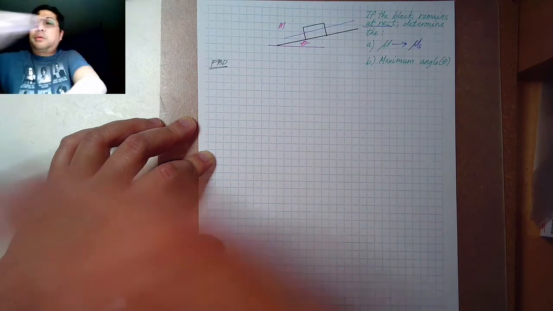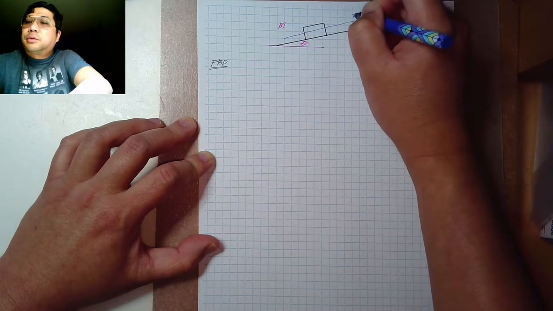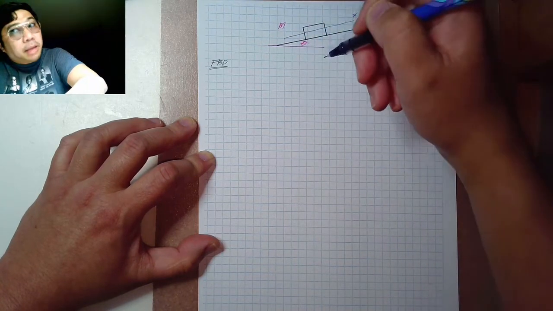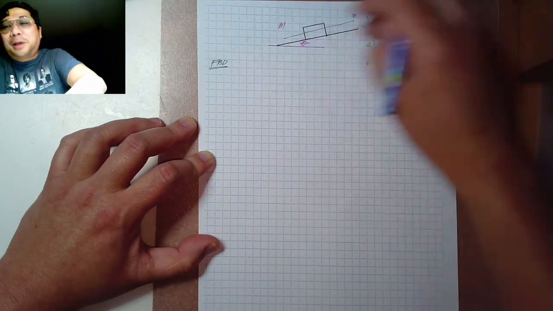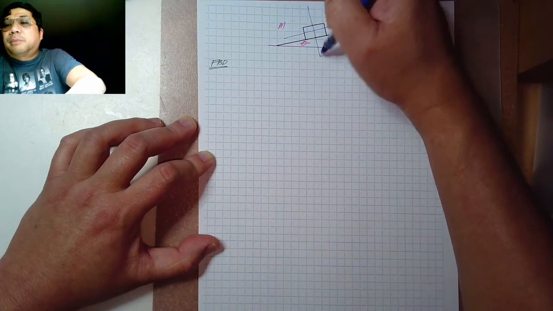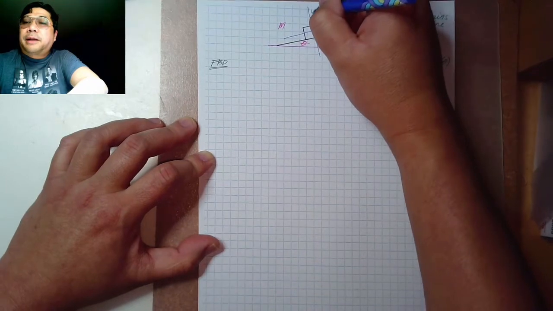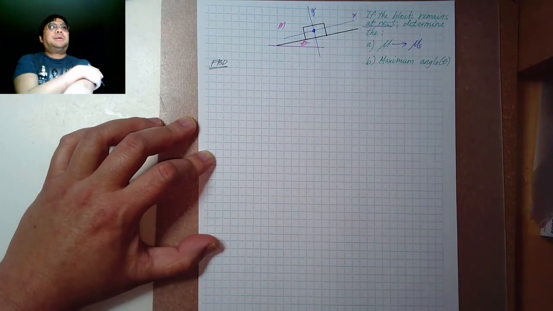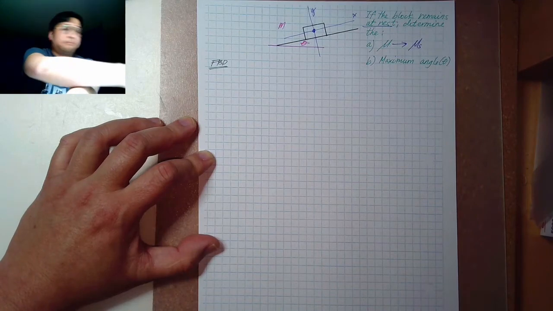And then of course our y-axis should always be perpendicular to the line parallel to the plane, which is our x-axis. So let us draw a perpendicular line, which is our y-axis. That is your dot, right there.